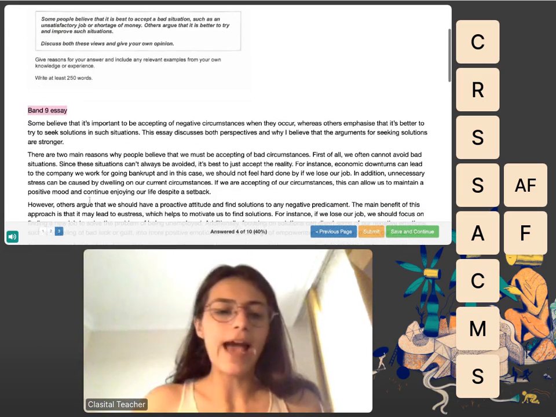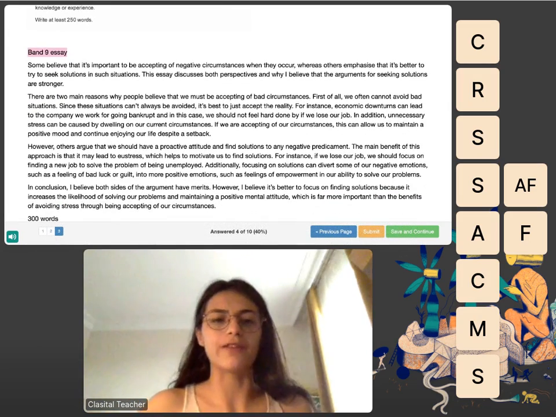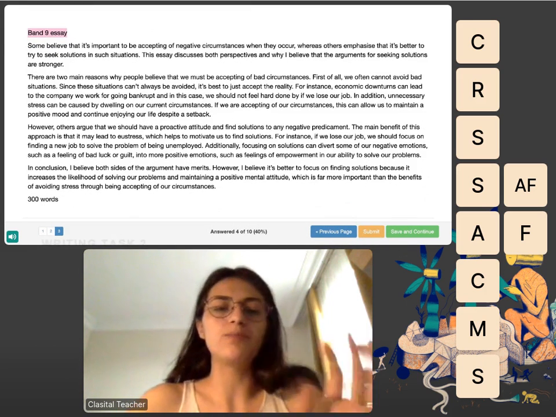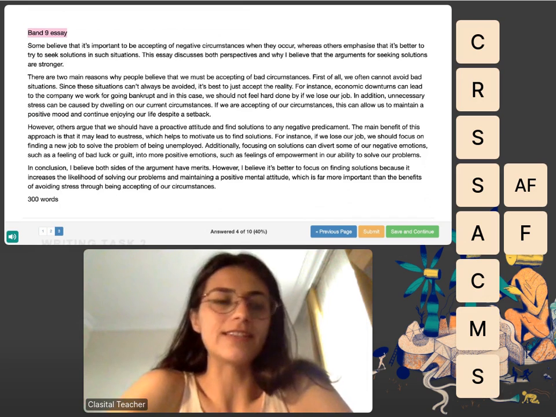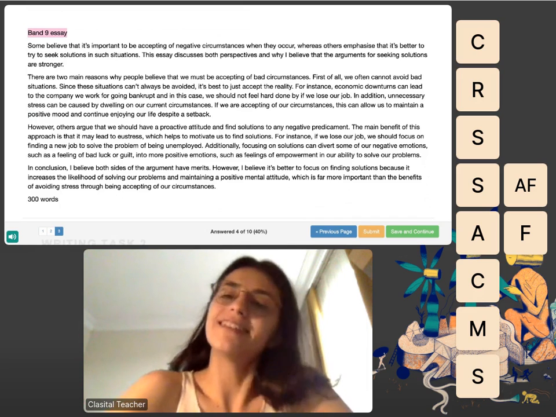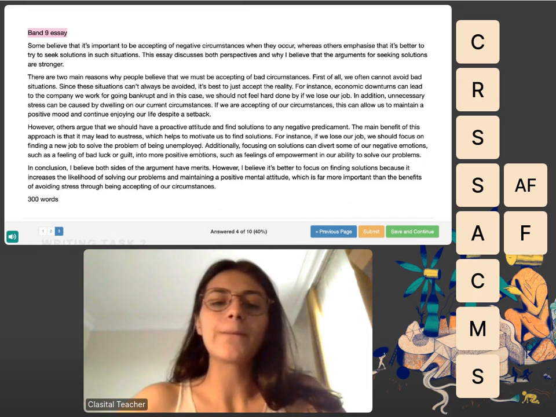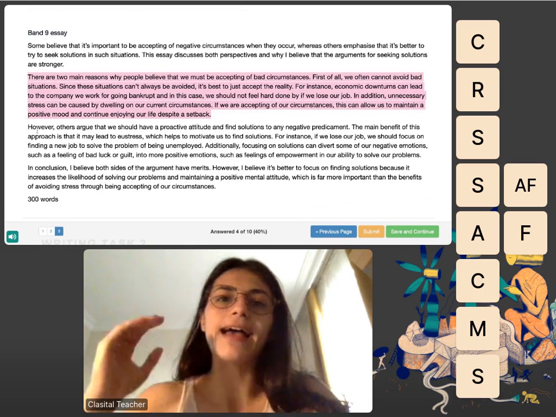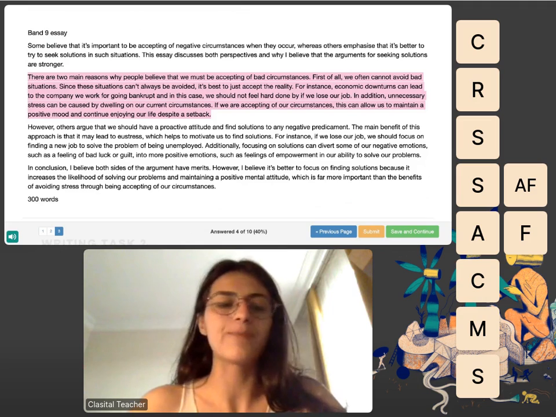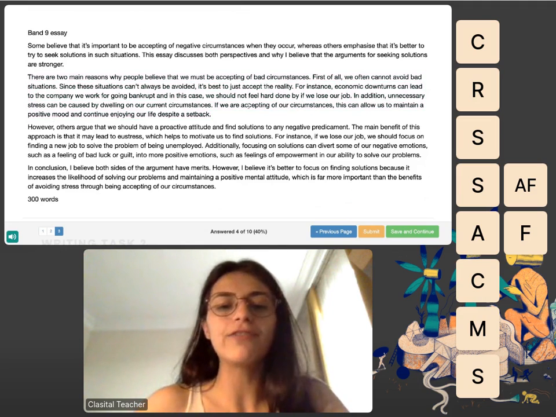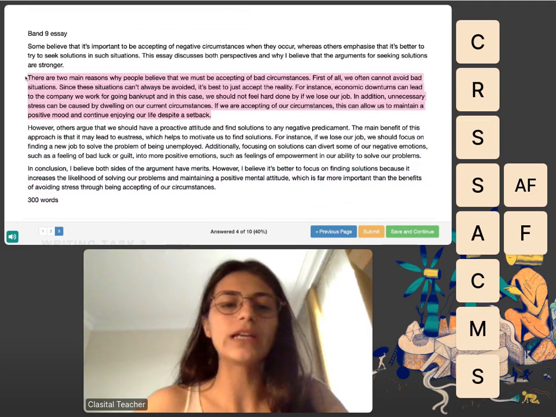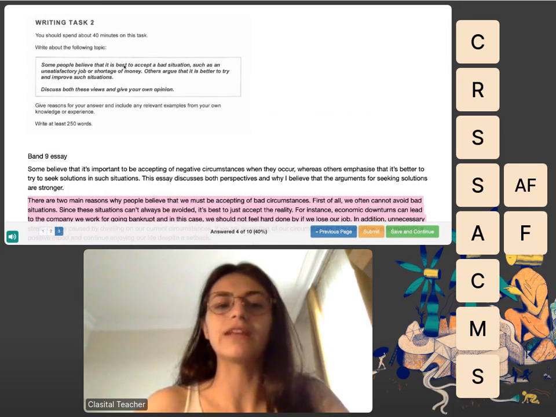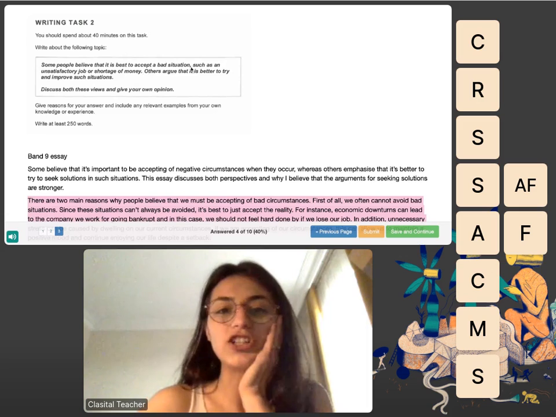So, we have to organize our body paragraphs in a logical way, right? And we need to discuss both views too in the discussion essay. What we can do in the discussion essays is to present the two versions of those arguments as two separate paragraphs. So, for example, in the first body paragraph, we can write about the first view. So, some people believe that it's best to accept a bad situation.